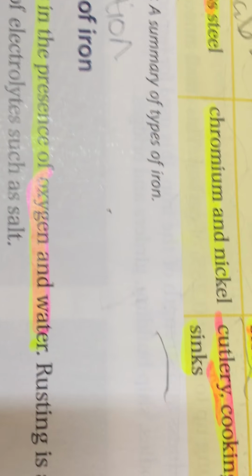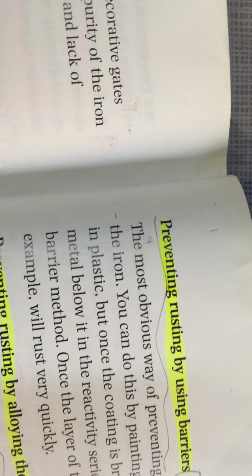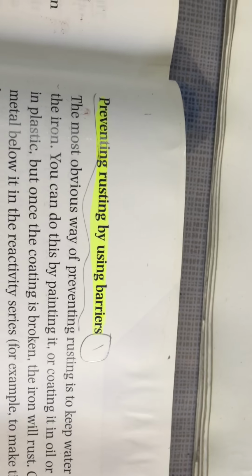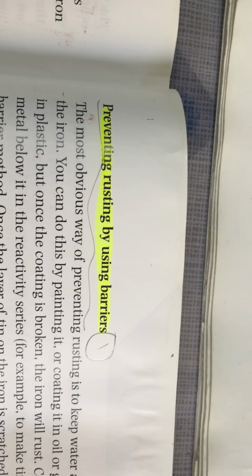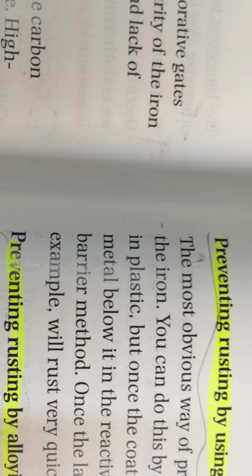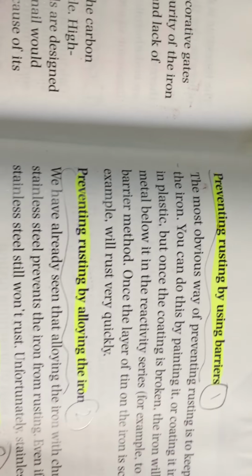What do I have to provide to make the iron rust? Oxygen and water. How can I prevent rusting? Prevent rusting by using a barrier. Using a barrier like what? Like plastic. Like painting the iron. As you see here, plastic, or painting the iron.